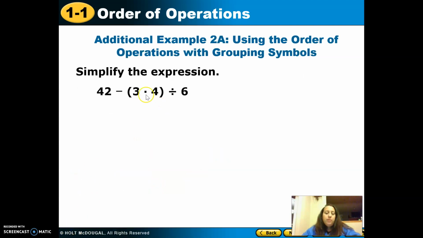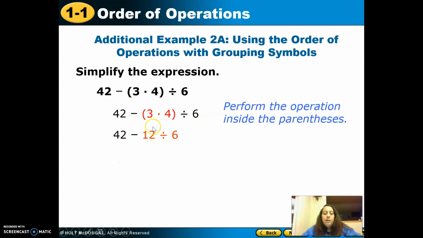This next problem offers a couple more different rules that you need to follow. The first thing that jumps out at me are these parentheses. Parentheses is our first part of this. So we want to do the 3 times 4 first because it's in parentheses. Drop everything else down, 42 minus, and then 12 divided by 6.